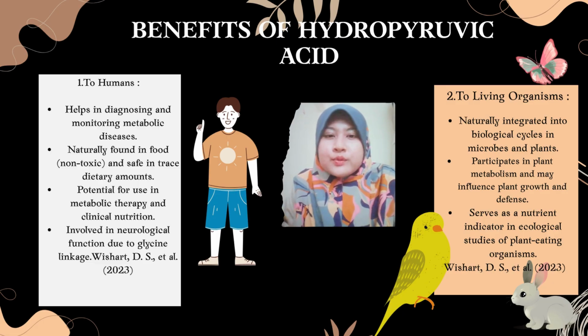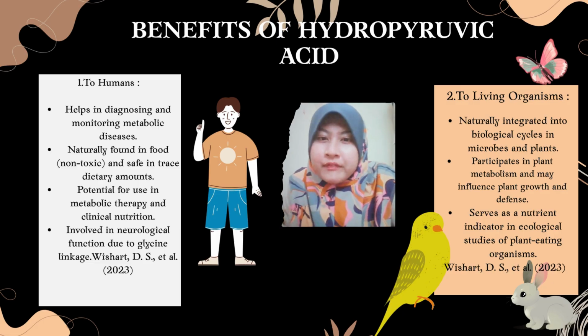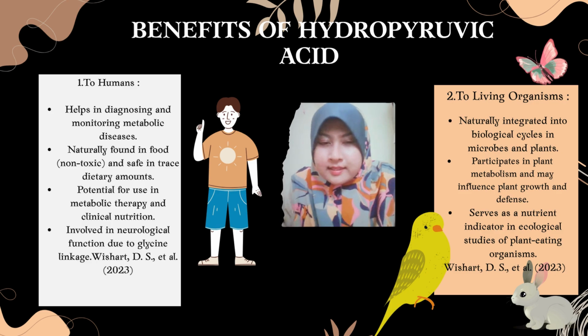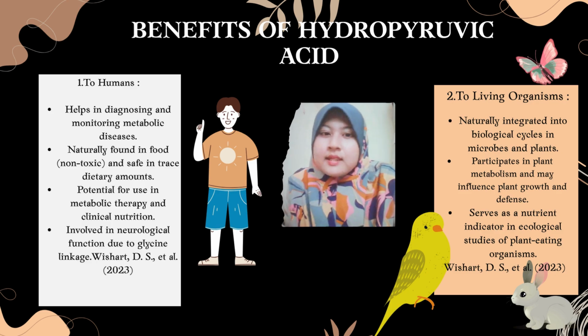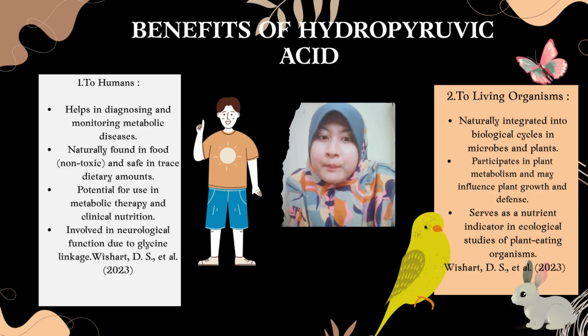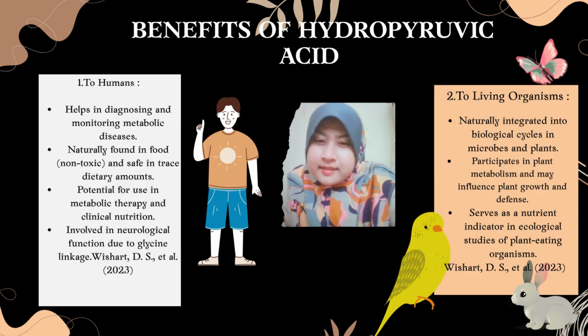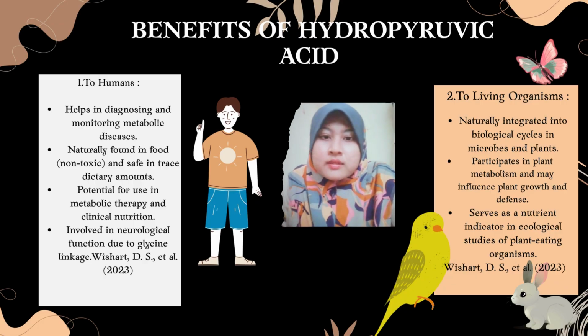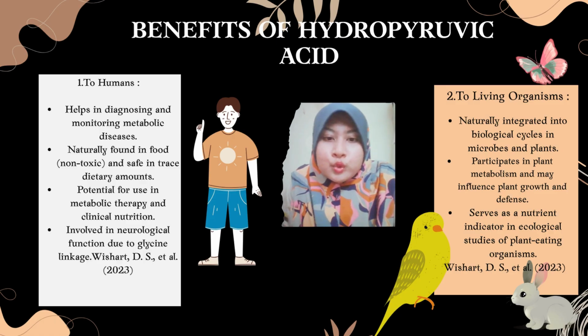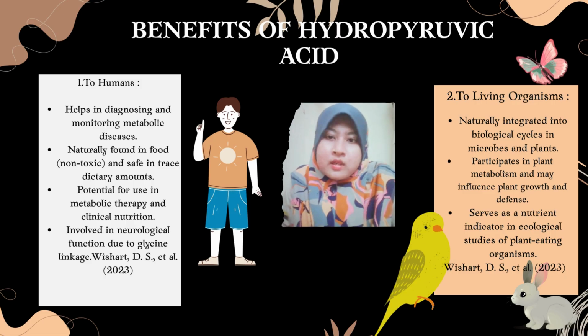Next, I would like to show you the benefits of hydroxypyruvic acid to humans. It helps in diagnosing and monitoring metabolic diseases, is naturally found in foods, non-toxic, and safe in trace dietary amounts. It has potential for use in metabolic therapy and clinical nutrition, and it's also involved in neurological function due to its glycine linkage.